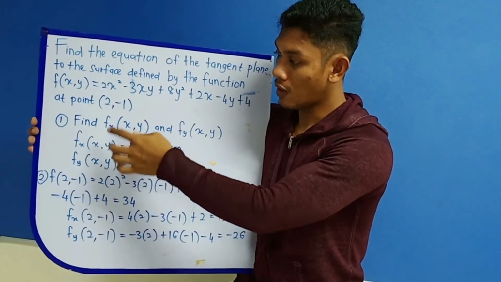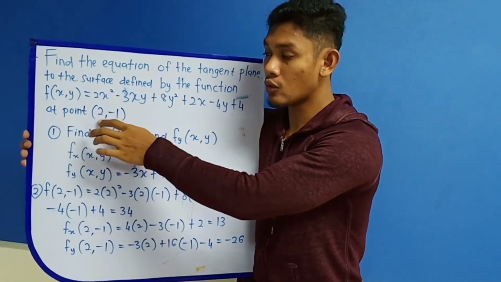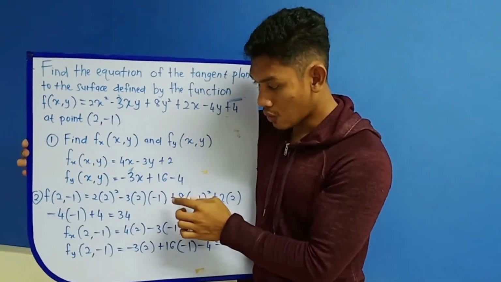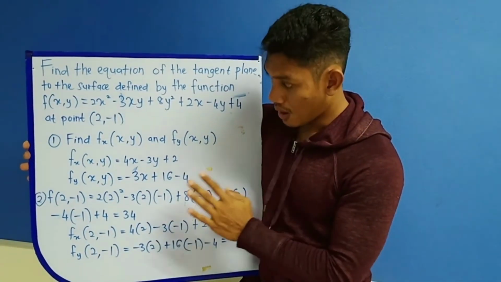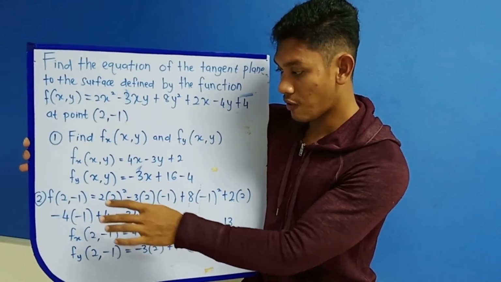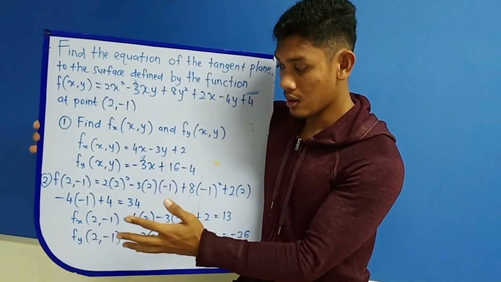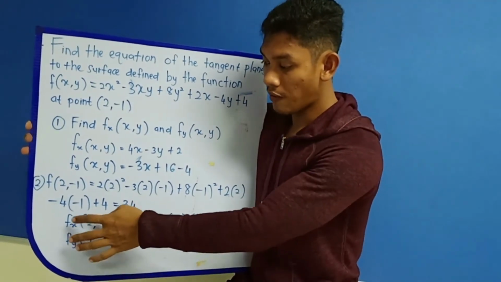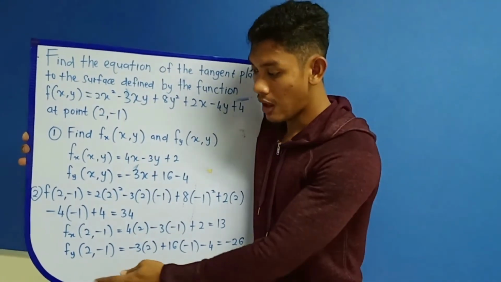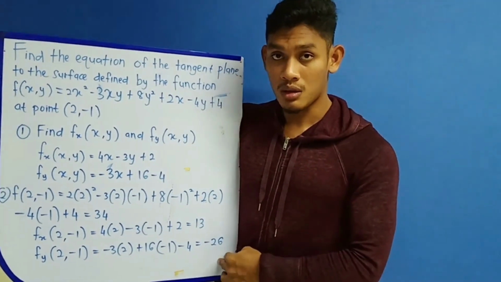After we substitute x equals 2 and y equals -1, we get f equals 34, the value of f_x is 13, and the value of f_y is negative 26.